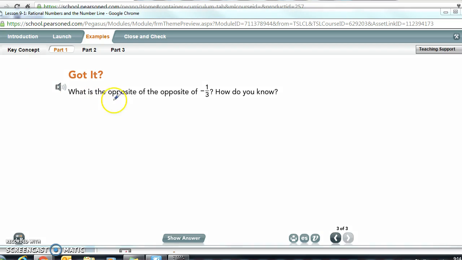This question, they want to know what is the opposite, so that means I need to draw a negative, of the opposite of negative 1/3. How do you know? Okay, so if you think about it, what do you think the answer is going to be? Is it going to be positive 1/3 or negative 1/3?